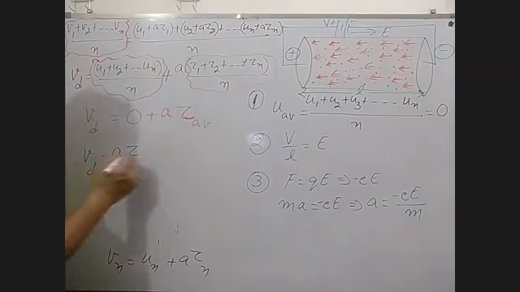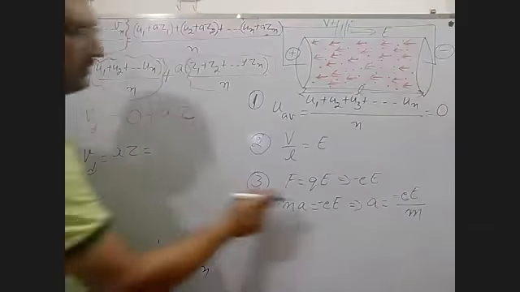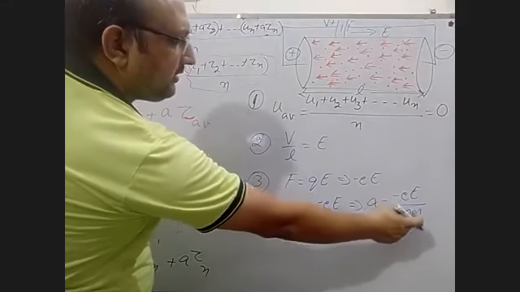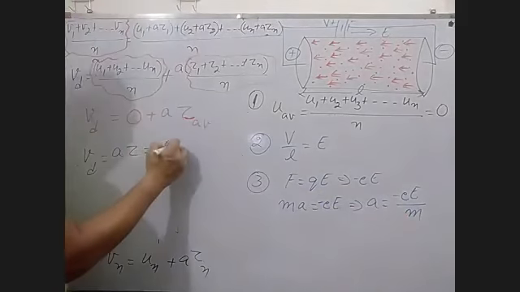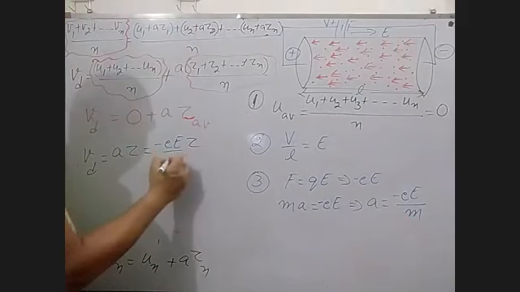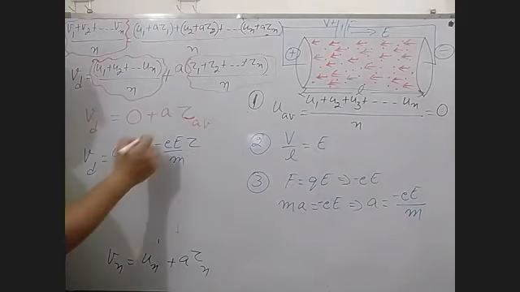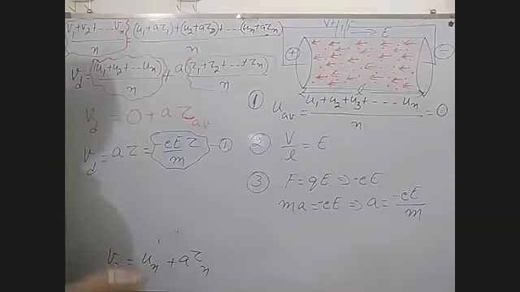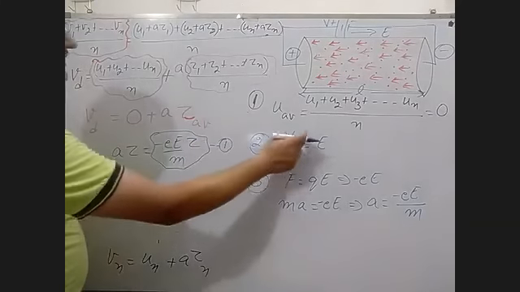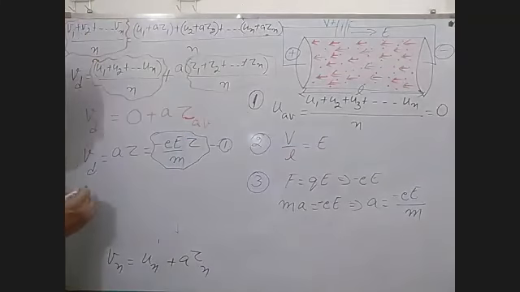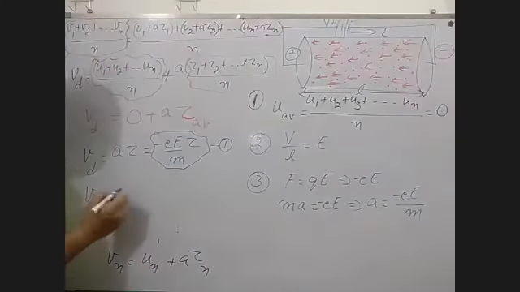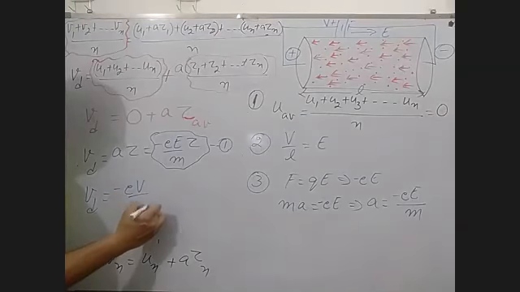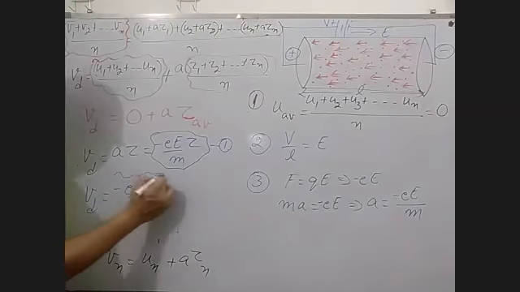Now, what is the value of a? What is the value of a? eE, yes, minus eE tau upon m. This is the formula for calculating drift velocity. But if you put the value of E as V by L, then this formula becomes minus eV tau by ml, in this way.